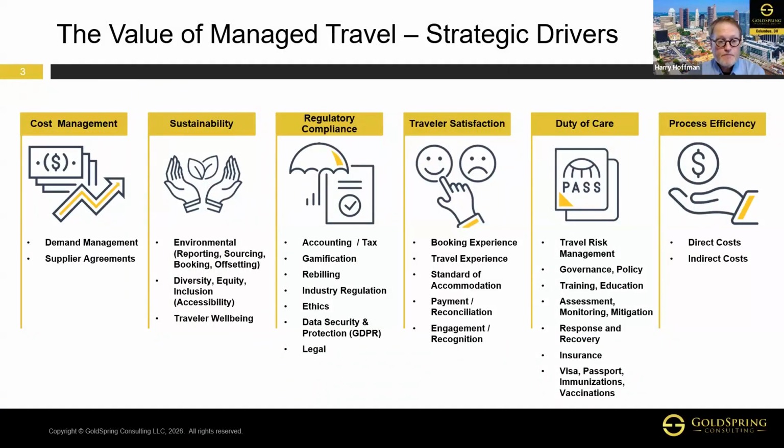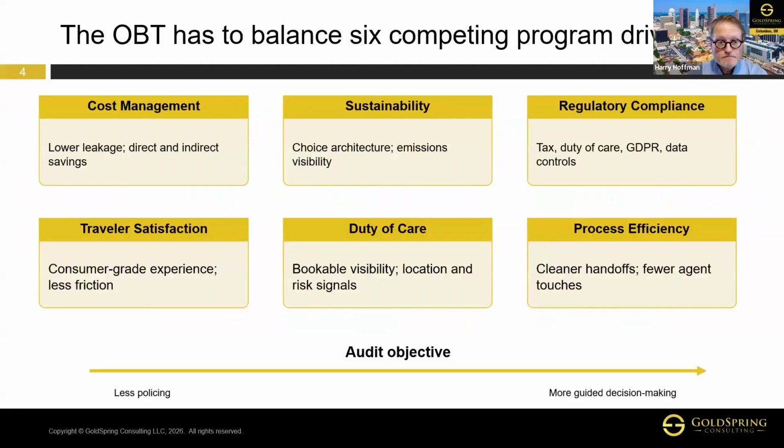Sustainability, which looks at the environmental piece and traveler well-being. Regulatory compliance, which can be anything from taxes and ethics to data security and legal matters. Traveler satisfaction, making sure travelers are happy and having a good experience. Duty of care, which is governance and responsibility for where your travelers are. And process efficiency, which can impact both direct and indirect costs.